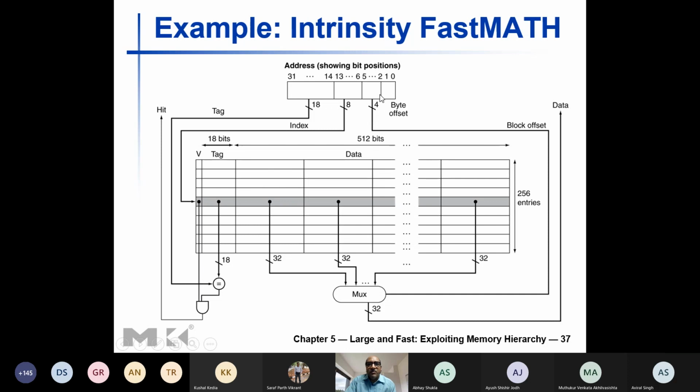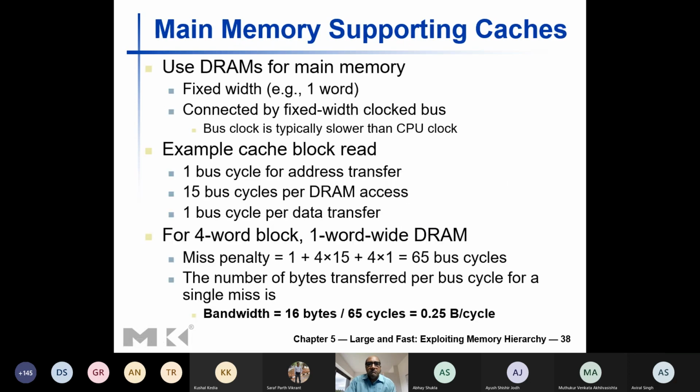So these 4 bits are taken as the control lines for the multiplexer, and with this control information the multiplexer picks up the desired word. This is the way you can design the cache in case of a realistic processor like this one.